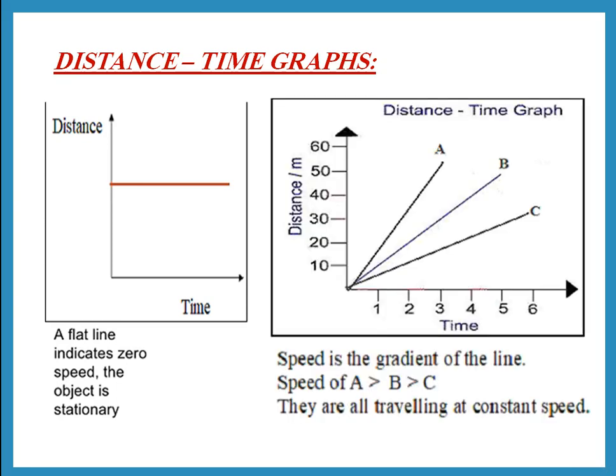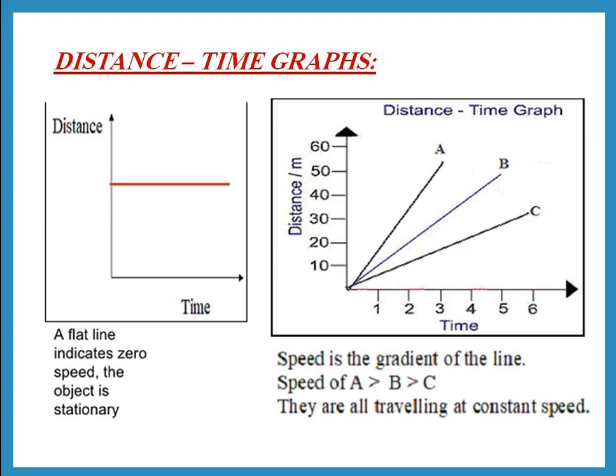Now, if I have a graph in which an object is moving, that means it's moving away from a certain point, and that means the distance is increasing. So I have here three objects, A, B, and C, moving away from a certain position. Looking at the graphs, you should realize that the slope of this graph is the speed, distance over time.